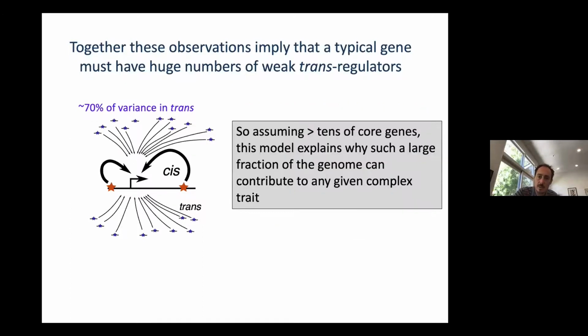And so we think that this helps to explain why so much of the genome contributes to any given complex trait. If we imagine there are probably tens or hundreds of core genes for any given trait, each core gene may have tens or hundreds, probably more than that, of trans regulators. This quickly starts to pull in most of the genome as affecting traits.